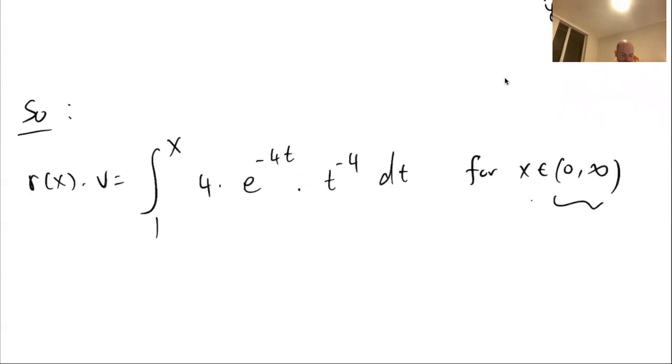Because this is the interval on which e to the power minus 4t times t to the power minus 4 is continuous.